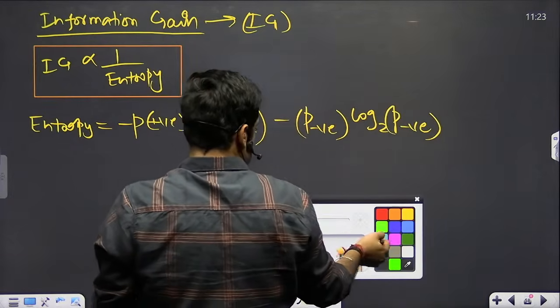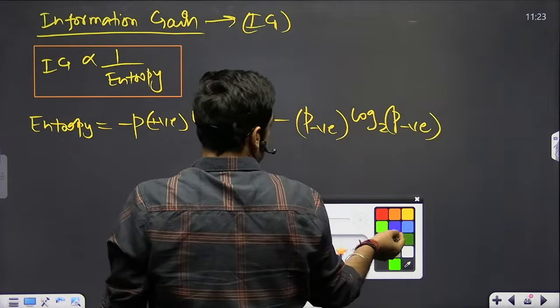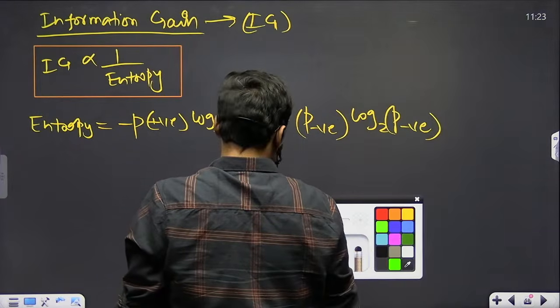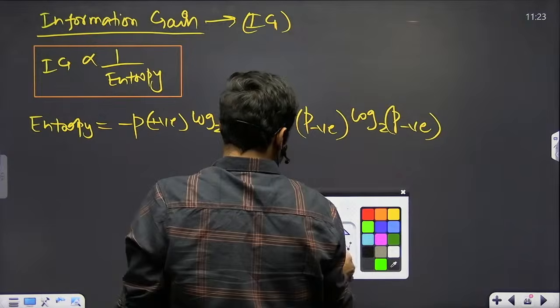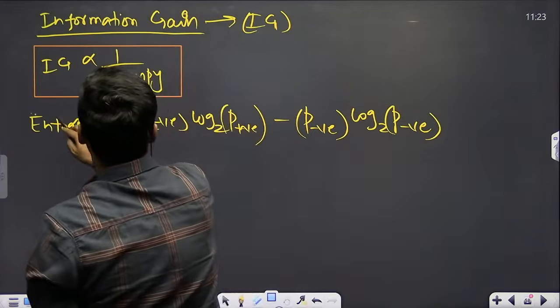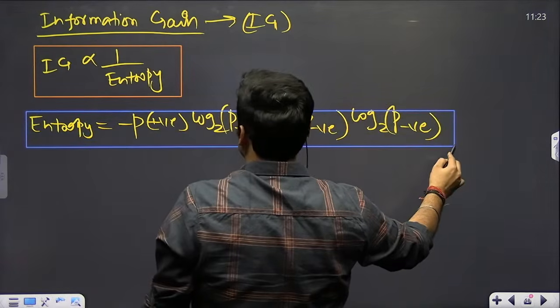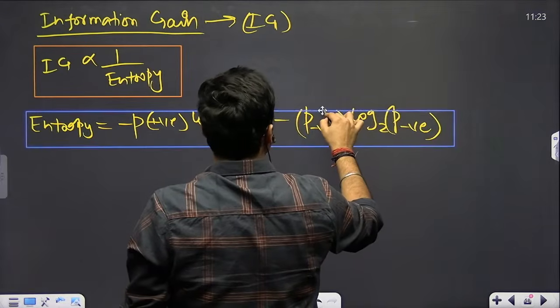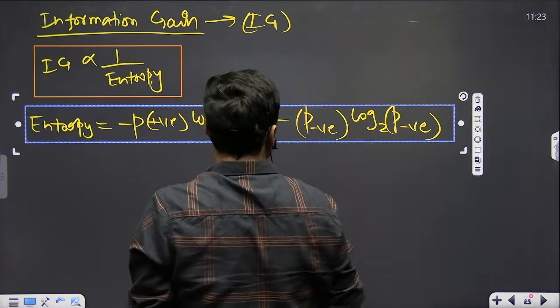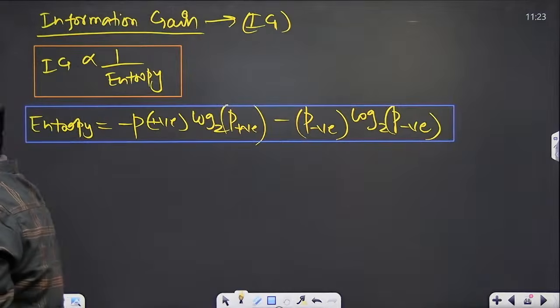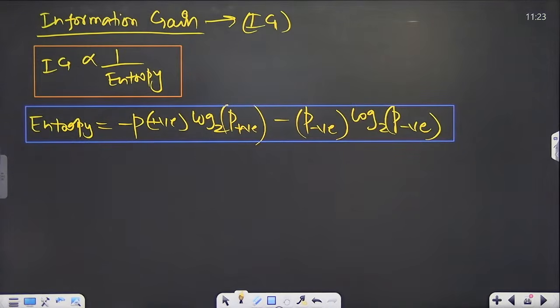This formula for entropy is for binary class data.